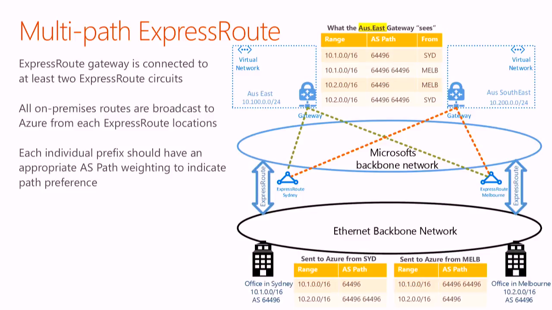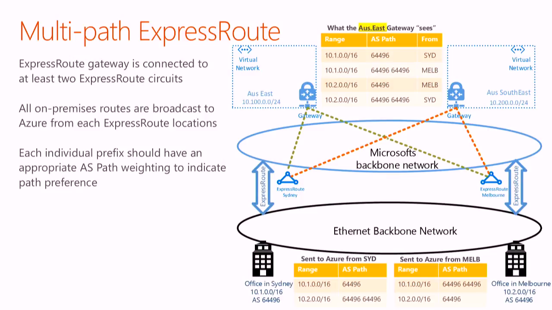It says I can reach 10.1 with a shorter AS path, and it is through the Sydney network. And you can also reach 10.2 directly from the Melbourne circuit. The reason is that I have connected the Melbourne circuit also to the Sydney VNet.